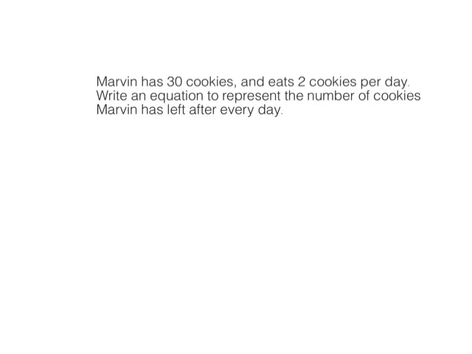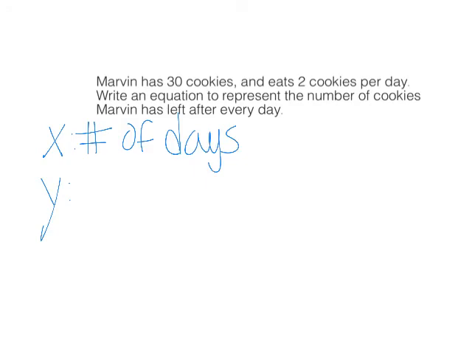So you need to find your constant and your coefficient. Find your two variables. Our x, our independent variable, is the number of days. Our y, our dependent variable, is the number of cookies.